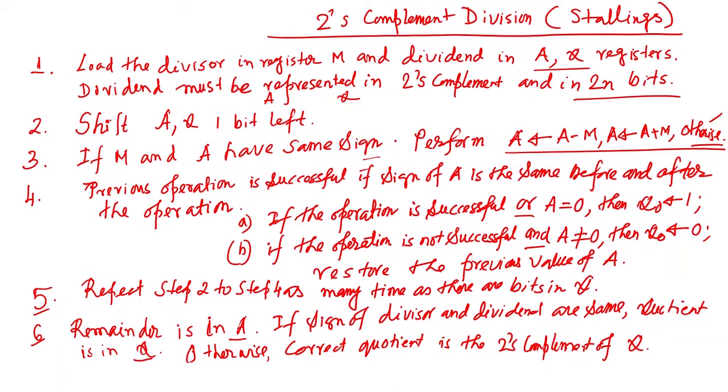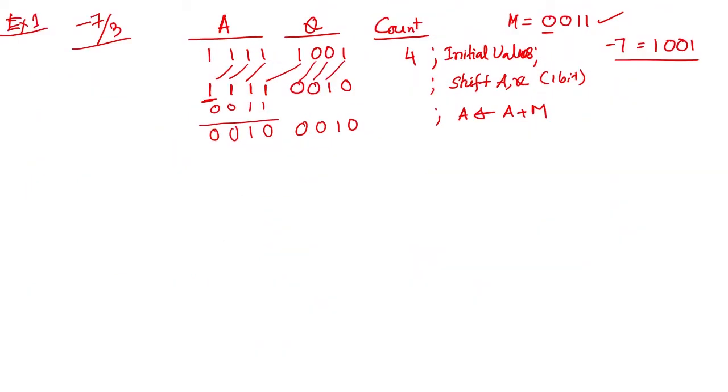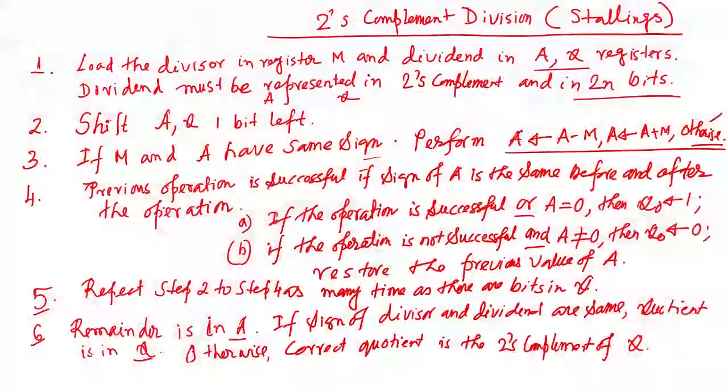Sign of A, this was 1 and this is 0. So obviously it is not successful, because the sign is not the same before and after the operation. If the operation is successful, then we will do something else, but it is not successful.